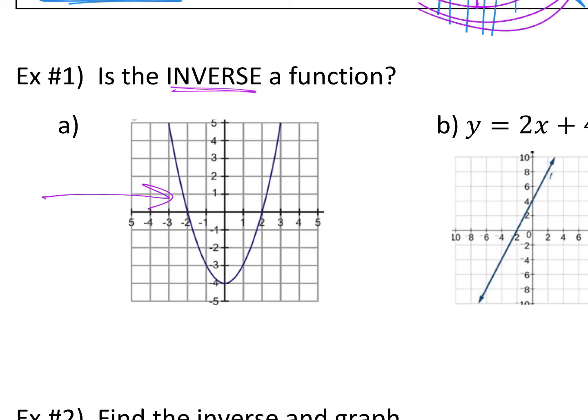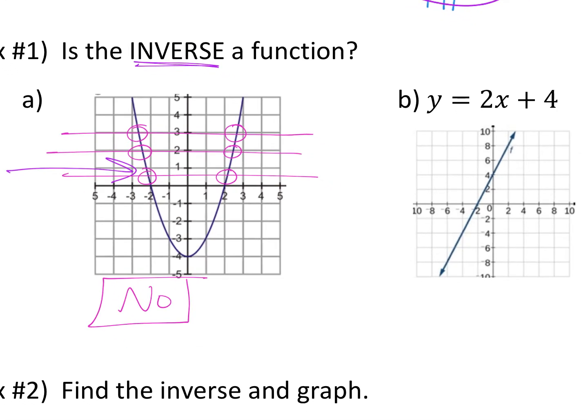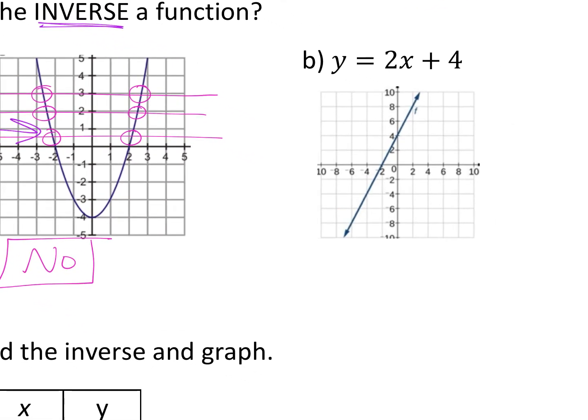Does it pass the horizontal line test? No, right? We hit in 2 places all over the place. So is the inverse of this function a function? The answer is no. Okay, that one will not be because it doesn't pass the horizontal line test. Does that make sense?